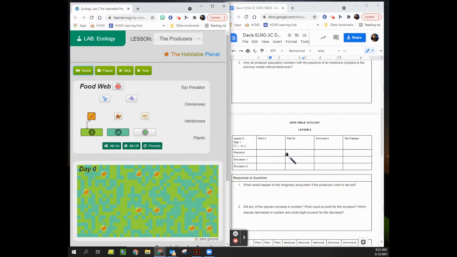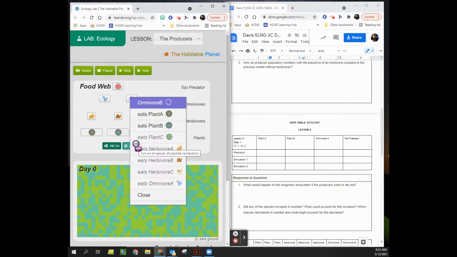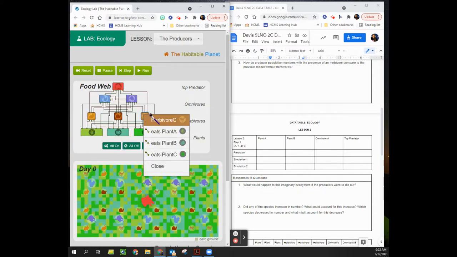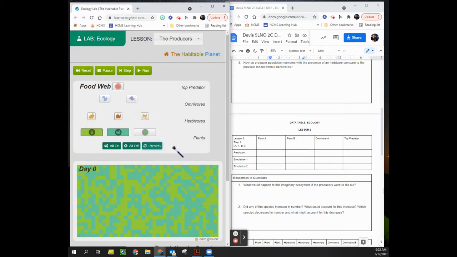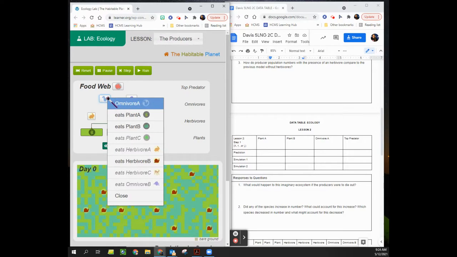Okay. So you are going to make a prediction, then you're going to run it once, and then you're going to maybe make some adjustments and run it again. Okay, so if I reset all off, or reset presets, something along those lines, I'm going to put in a couple of plants, 1 omnivore, sorry, 2 plants, 1 herbivore, 1 omnivore.